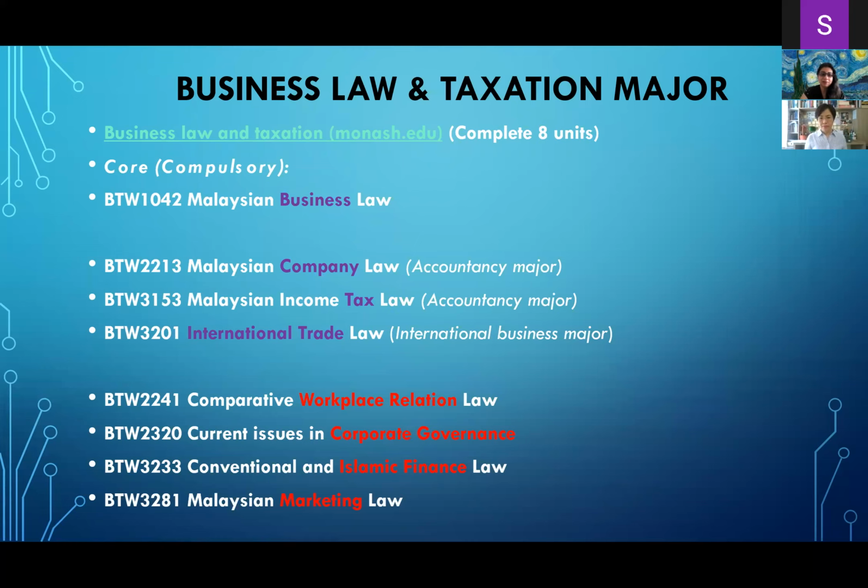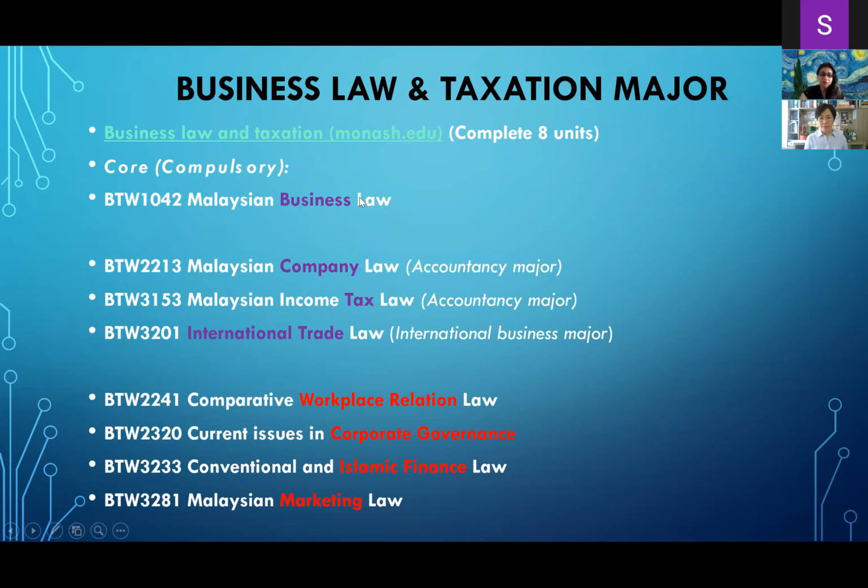Under this subject, you will cover quite a lot of things. Pretty much a bulk of it is contract law, and also a little bit of tort and maybe very little company law as well. So that's something that you're maybe already familiar with because you probably have done it.